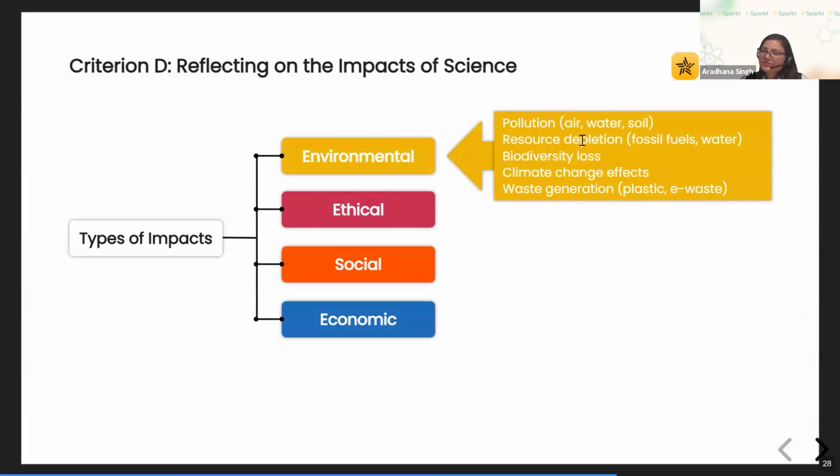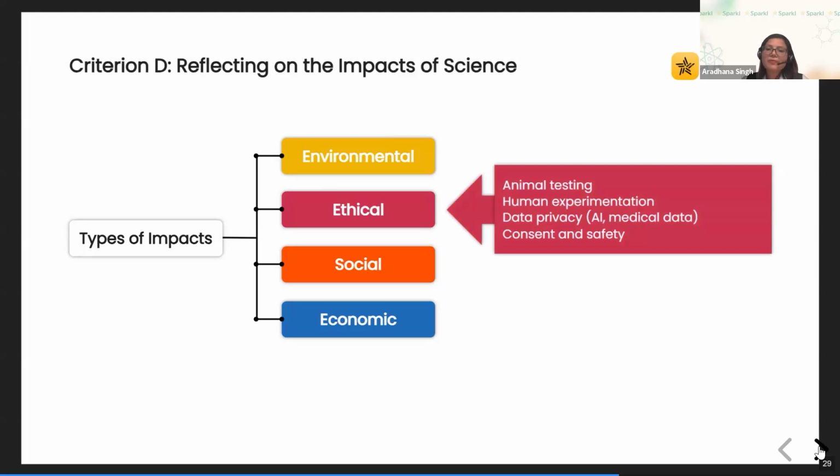So how any scientific situation can impact the environment, like whether it is polluting the water, air, or soil, or it is contributing to depletion of the resources, or it is impacting the biodiversity or climate change, or it is producing more waste, right? So these are certain aspects related to which we can get the situation and we can communicate our understanding towards that.